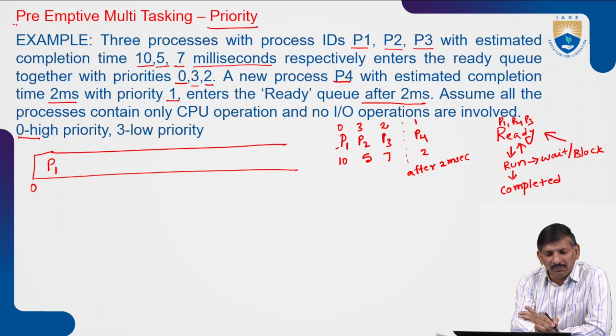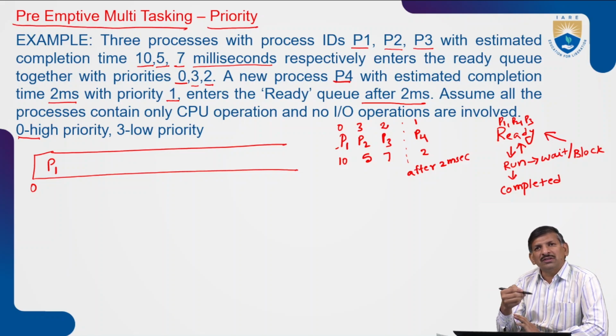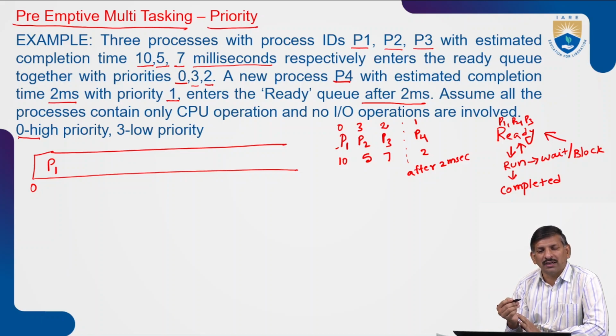Since it is preemptive multitasking, if any new process enters into the ready state, we immediately suspend the currently executing task temporarily and compare the currently executing task's parameter, here priority, with the new process's priority. Whichever has the highest priority is scheduled first.